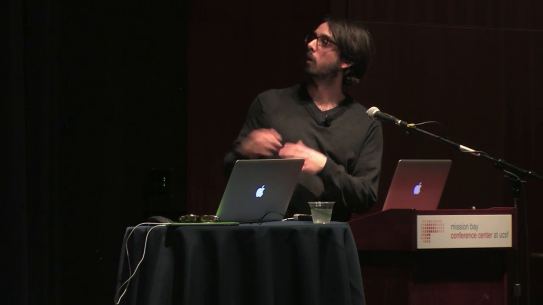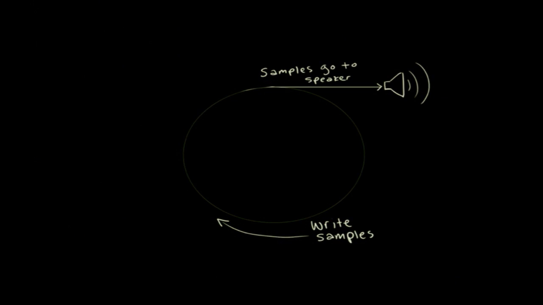And core audio basically just wants streams of these samples. So core audio can be kind of difficult. It's got a bad reputation, but really it's kind of simple at the lowest level. It just wants these samples. And the way it works is that while core audio is playing these samples to the speaker and pushing the speaker forwards and backwards really fast, thousands of times per second, you're supposed to be writing the next set of samples that it's going to send to the speaker.